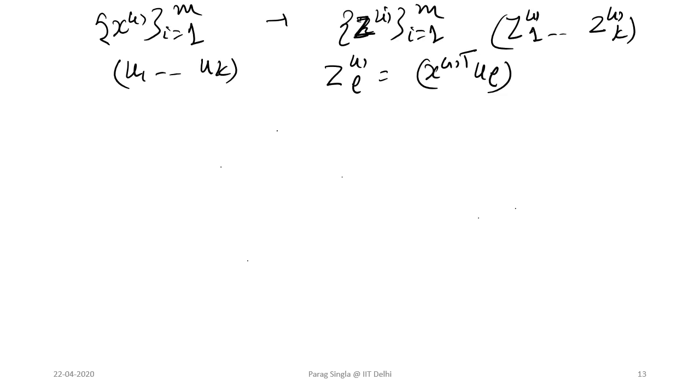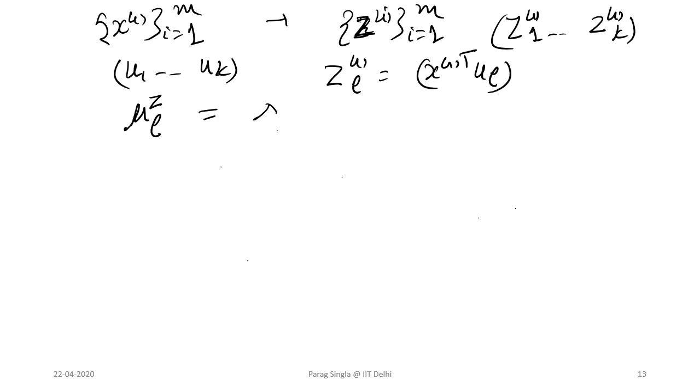Then let us just quickly look at what the mean along these z dimensions is. mu_zl denotes the mean of the z's along the dimension l, where l is from 1 to k.